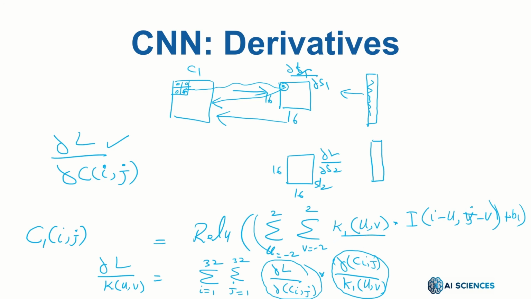That's a linear function in K. And the only result that remains is i minus u and j minus v, and b is also gone. So that's the derivative with respect to the parameters. And that's it. Now we can compute the derivative with respect to b1 in a similar fashion, and the other biases in a similar fashion as well.